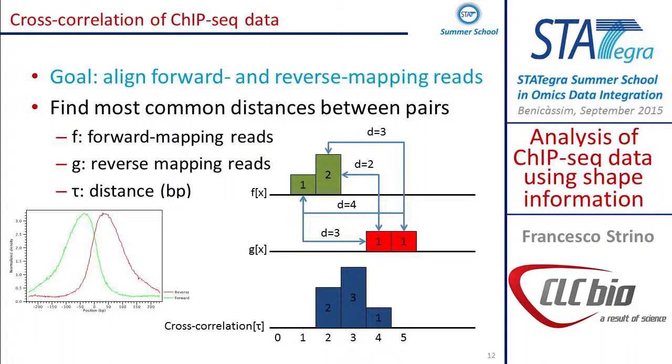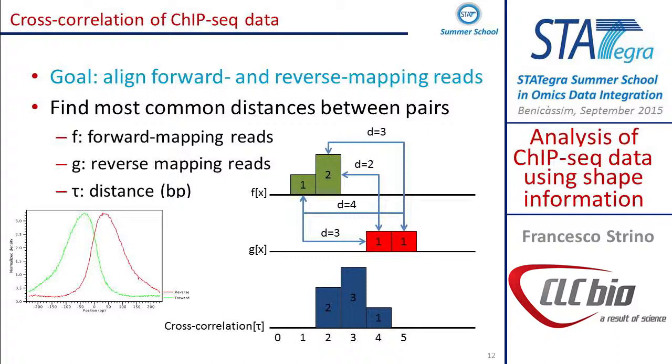The most common way to do this is to look at each pair of starting positions. We take one of the green and one of the red, and check which distance is more common. In this example, I simulated one read here, two reads here in the same position, one here and one here, a little bit far apart.